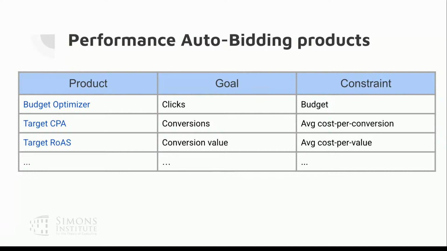Another one, which is a bit more interesting, and this is what we'll look at for the rest of the talk, is this auto bidding product called Target CPA. CPA stands for cost per acquisition. Acquisition is another name for a sale. In that product, the advertiser comes and says, maximize the number of conversions I get from my campaign, where a conversion is a sale finally, subject to the constraint that the average cost per conversion is no more than my target.